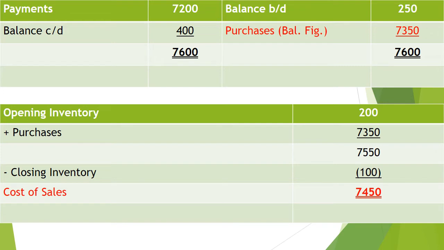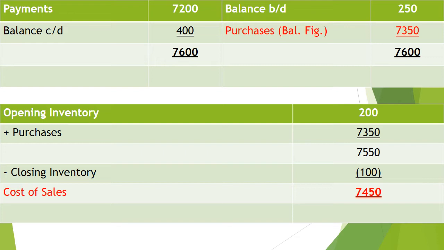And we will now calculate the cost of sales. Opening inventory is 200, and closing inventory is 100, which is less than opening inventory.